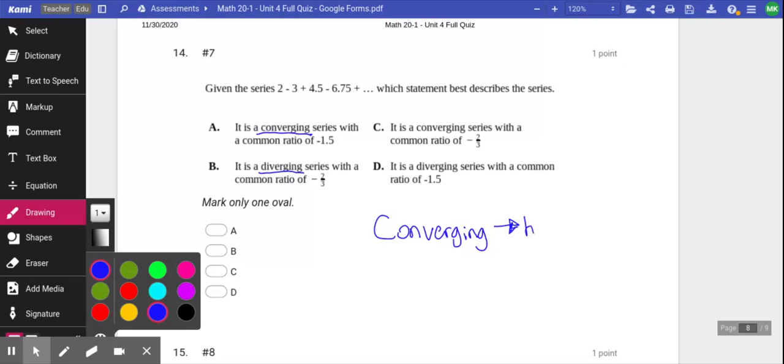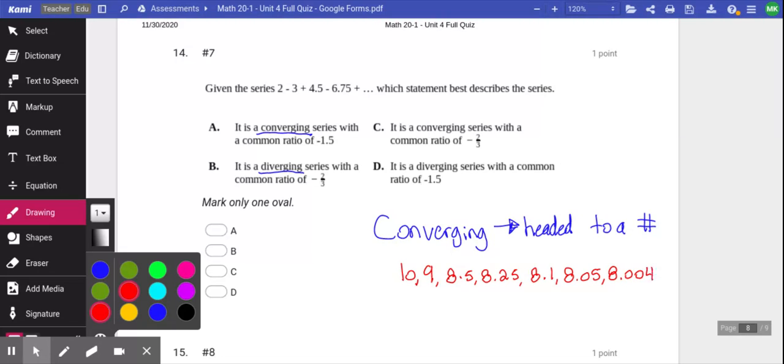Converging things means it's headed to a number. So for instance, if I had numbers like 10, 9, 8.5, 8.25, 8.1, 8.05, 8.004, you could see that I'm headed towards the number 8.